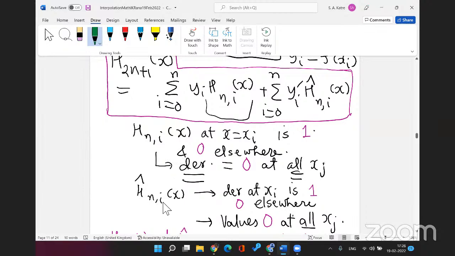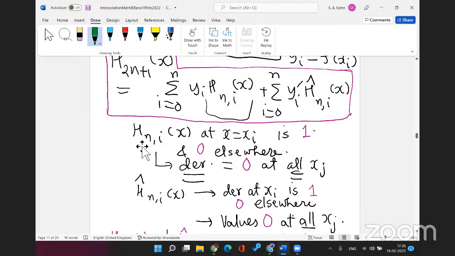Now H hat_{n,i}, what are the requirements? The derivative at xi is 1 and the derivative is 0 at all other xj, whereas the values are 0 at all xj: x0, x1, x2 up to xn. So H_{n,i} has the property that all derivatives are 0, and H hat has the property that all the values are 0 at the xj.